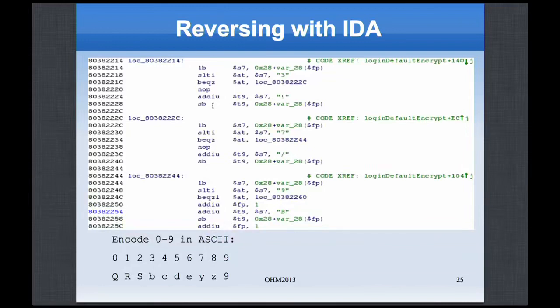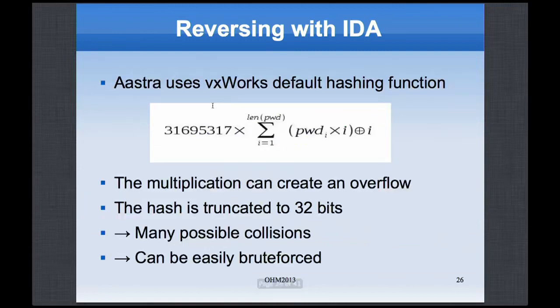What is wrong in this computation? It is a mathematical function, and what is wrong is that it multiplies two integers, which sometimes leads to an integer overflow. And the hash is truncated to 32 bytes. This brings many collisions and can probably be easily brute-forced.